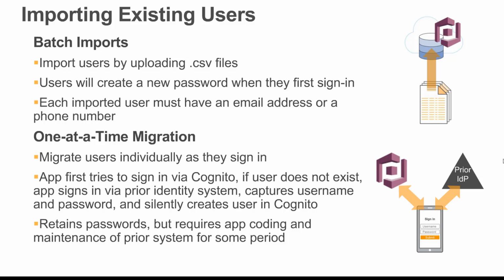So briefly, the approach here is that as a user comes to sign in during this migration period, you would first try to sign them in through a user pool. That's that arrow to the top left. If the user doesn't exist in the user pool, you go back to your existing identity provider and you authenticate them there. And once that's successful, you capture the username and password, and you finally create that user back in the Cognito user pool so that they sign in directly through a user pool.